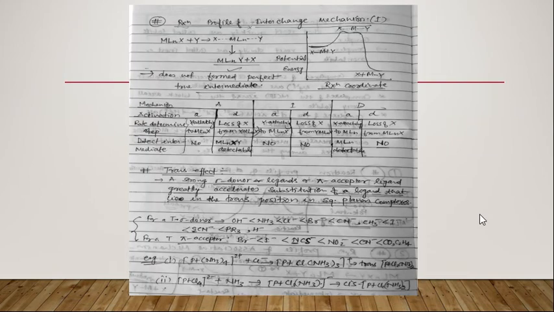Now I am going to the reaction profile of the interchange mechanism, which is denoted by I. Earlier, associative is denoted by A and dissociative by D. Interchange means something is replaced by some other species.